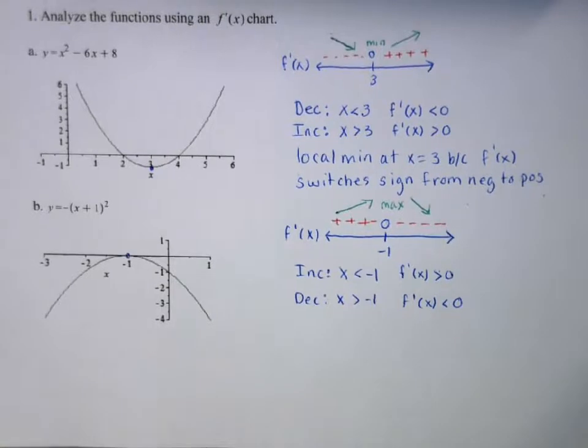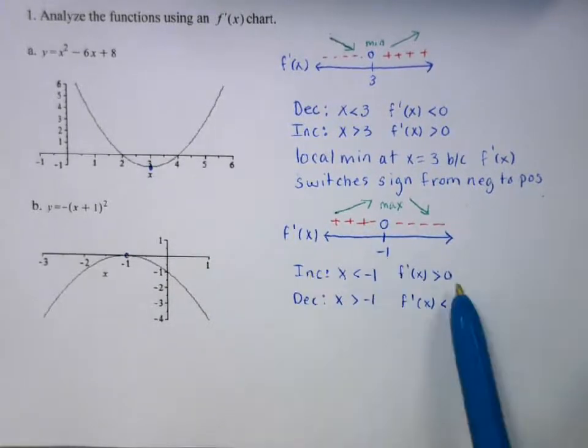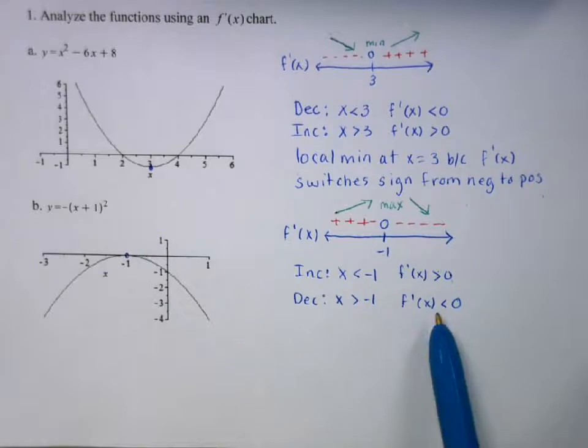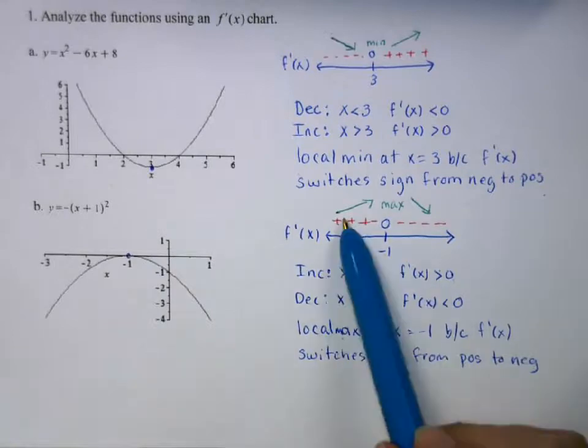From the number line chart, we could tell that it's increasing when x is less than negative 1 because f prime is greater than 0. It's decreasing when x is greater than negative 1 because f prime is less than 0. And then we can tell we have a local maximum at x equals negative 1 because f prime switches signs from positive to negative.